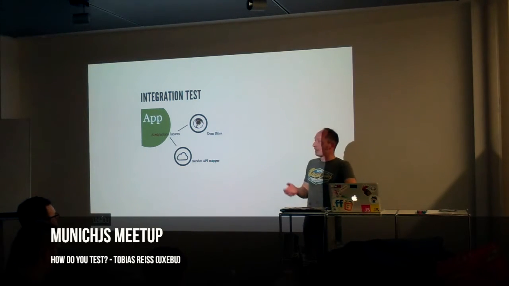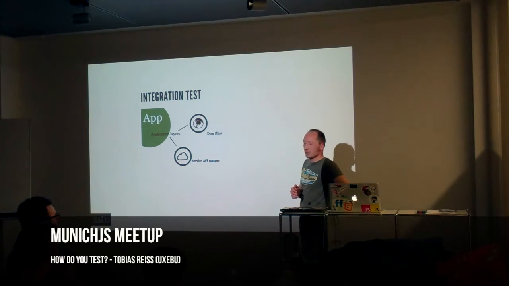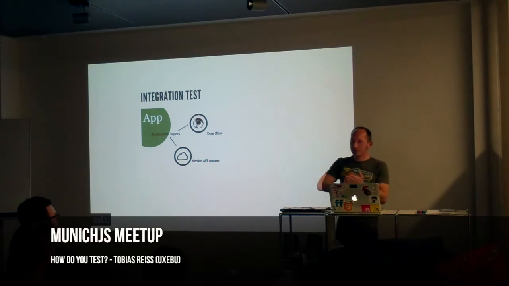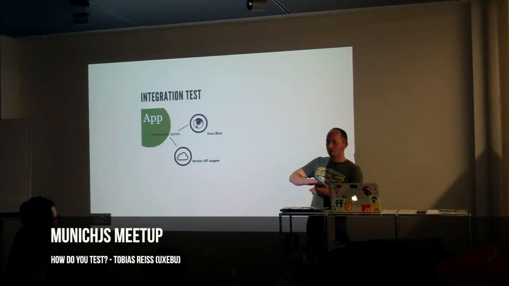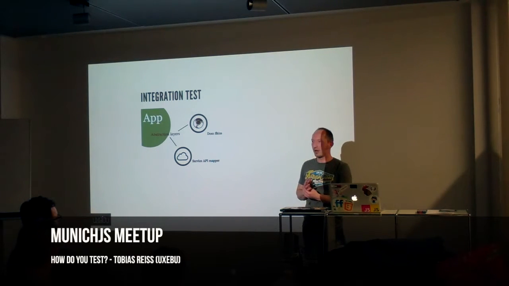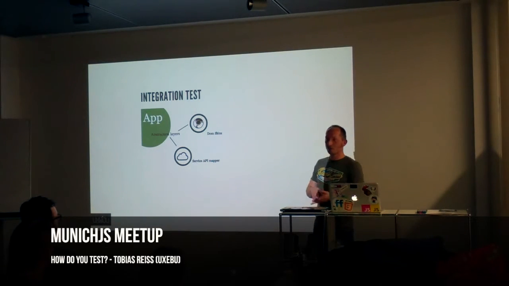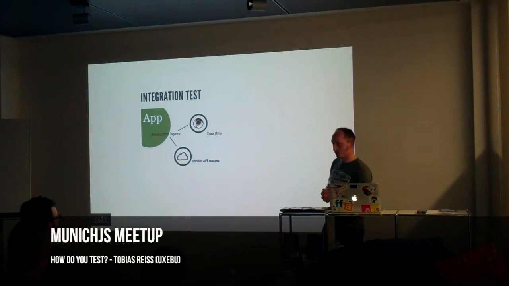Okay, we can find a solution for that. The solution is you create a very thin abstraction layer of, for example, the HTML media element that is not coupled to your application. You can even reuse it for completely different applications and completely different projects.